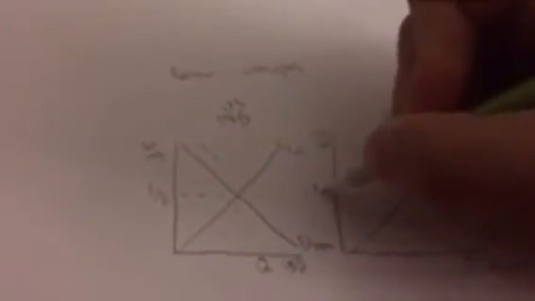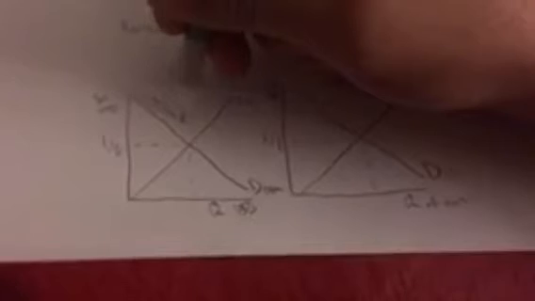So this is 1 to 2 and 2 to 1, right? Then let's say the demand goes up for USD because the interest rate went up. So demand will go over here.